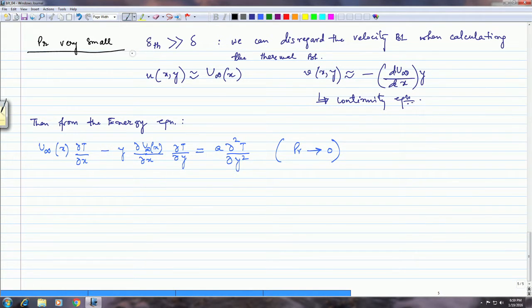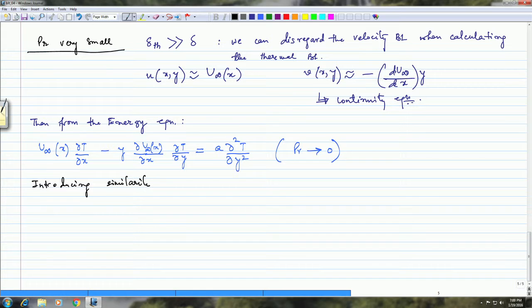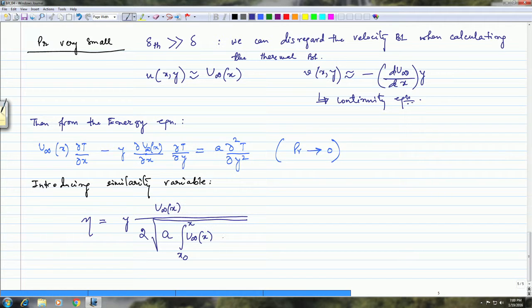So, introducing a similarity variable. When I do that, eta is y... Okay, I am just writing a lot of things.